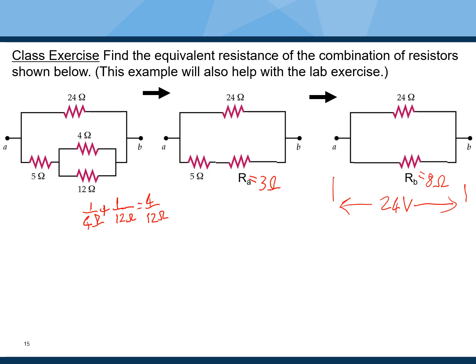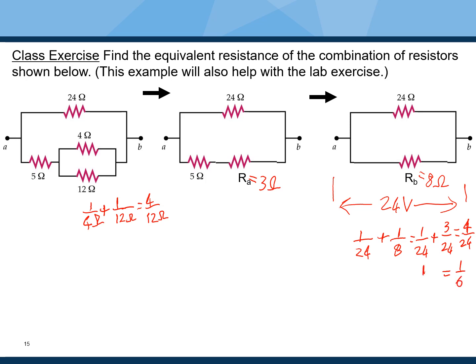So we can actually go ahead and say that the total equivalent resistance is given by 1/Req equals 1/24 plus 1/8, which is actually equal to 1/24 plus 3/24, which is actually equal to 4/24, which is same as 1/6.